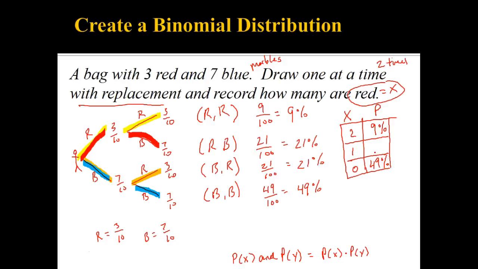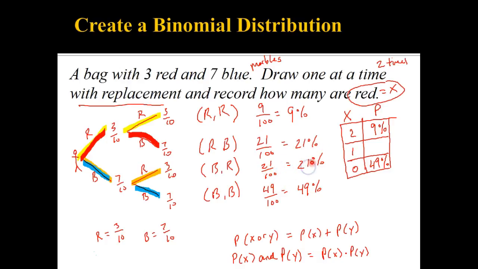What's the probability of drawing 1 marble? Well, this is the other thing that they talked about in the lesson. I think they wrote it like this. I did this wrong the first time. The probability of x or y is equal to the probability of x plus the probability of y. So what's the probability of drawing either a red and then a blue, so only one red marble, or a blue and then a red, which also results in 1 red marble?